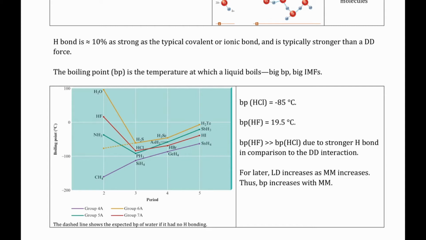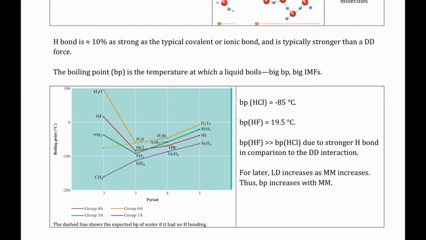Going to the green data, we have the nitrogen group, and notice that NH3 has a very high boiling point in comparison to the other data associated with the green line, the PH3, AsH3, and SbH3.